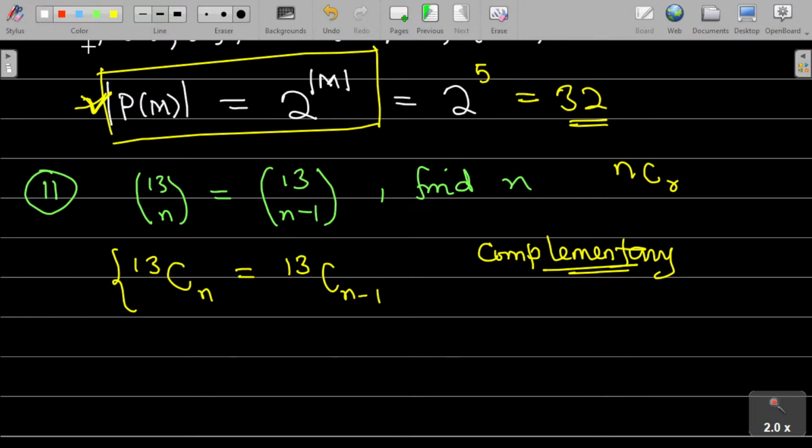If n combination r is equal to n combination k, the simple thing is your n are the same, so that n must be equal to the sum of these two ones that are down. That's your r plus k. That's all. This is the formula you need.